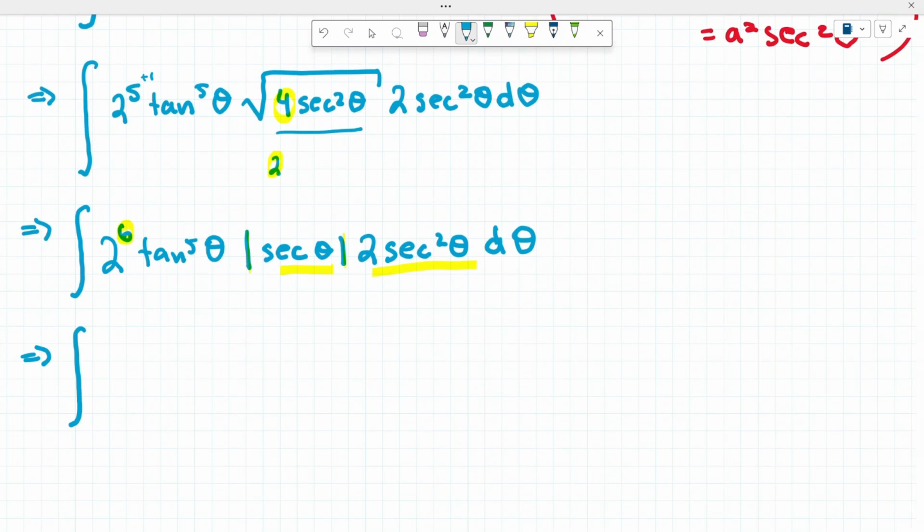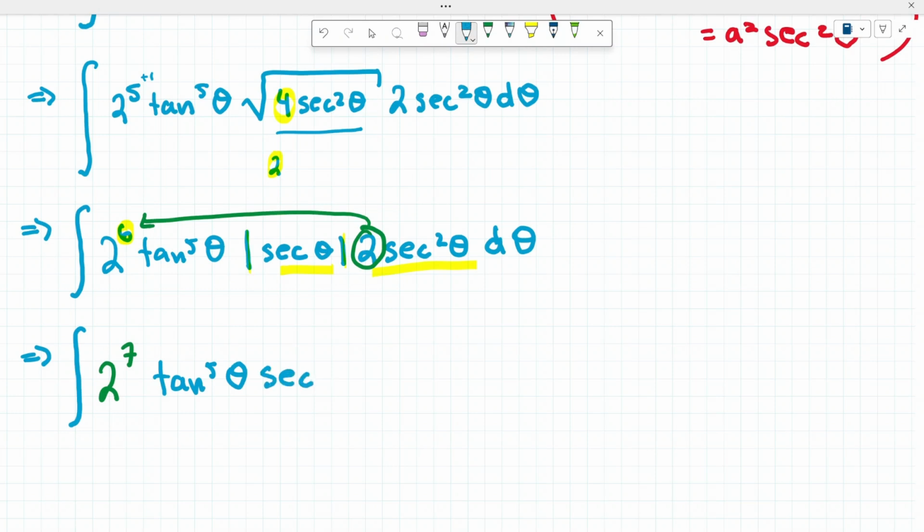Okay, so now we have another 2 right over here. So let's go ahead and add that up here. So now we have 2 to the power of 7, okay? Then we have still 10 to the power of 5 theta, and then we've got secant theta multiplied by secant squared theta d theta.